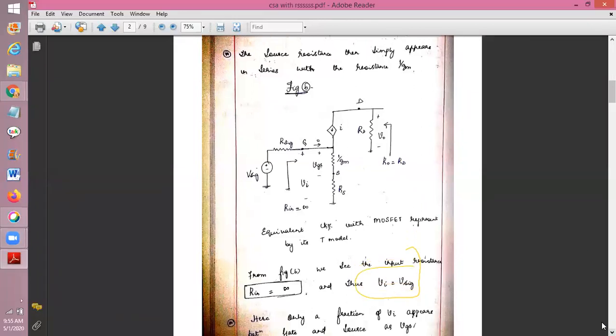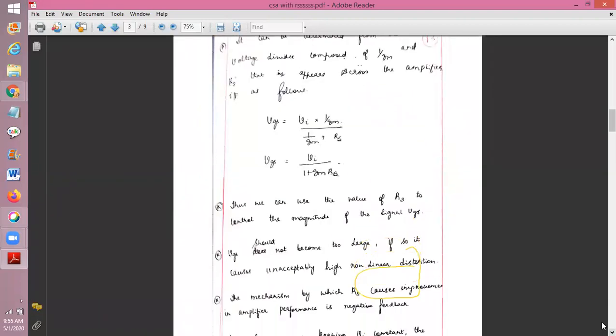I will replace that I: I is equal to Vi divided by 1 by Gm plus Rs. Now if I take the LCM, Gm will go to the numerator. It is Gm into Vi divided by 1 plus Gm into Rs. Everyone understood how you got this expression? I hope everyone has understood.